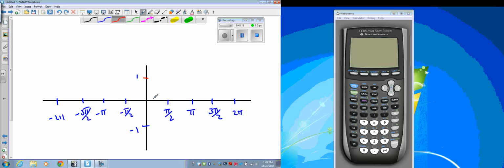The sine function is going to start out at 0, right? Go maximum, 0, minimum, 0. When it comes back this way, it goes minimum, 0, maximum, 0. So it's basically looking like this.